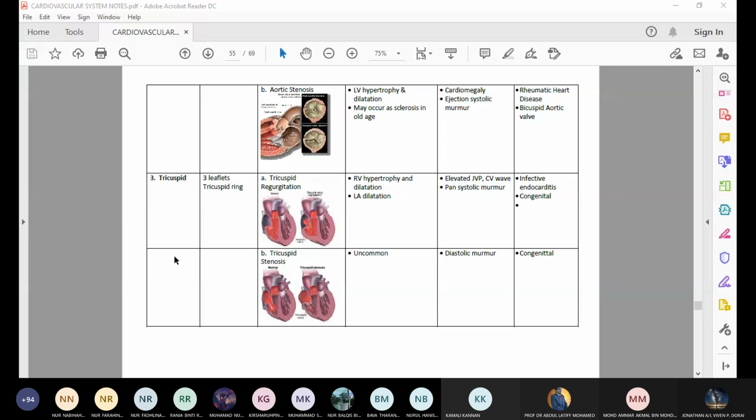So what else do we do? Patients with valvular heart disease, we need to treat the valvular heart disease. Because it is a mechanical problem, the valve is already damaged, we need to do a surgical procedure, okay?